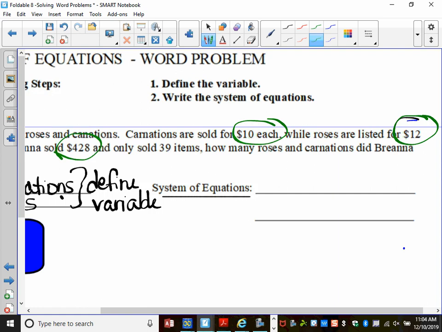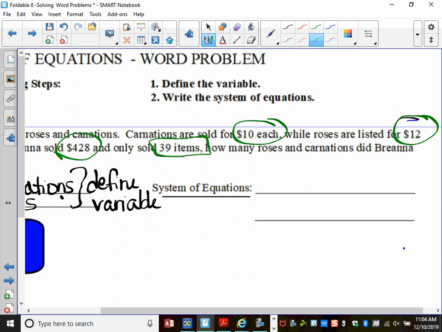$428. Okay, so notice everything I circled has something in common. Number. Well, besides the numbers, they had something else. Dollar signs. Okay, so they should all be going together in one of my equations. This one, 39, does not have a dollar sign. It says items. Well, we already know what our items are. What are the two items I defined?